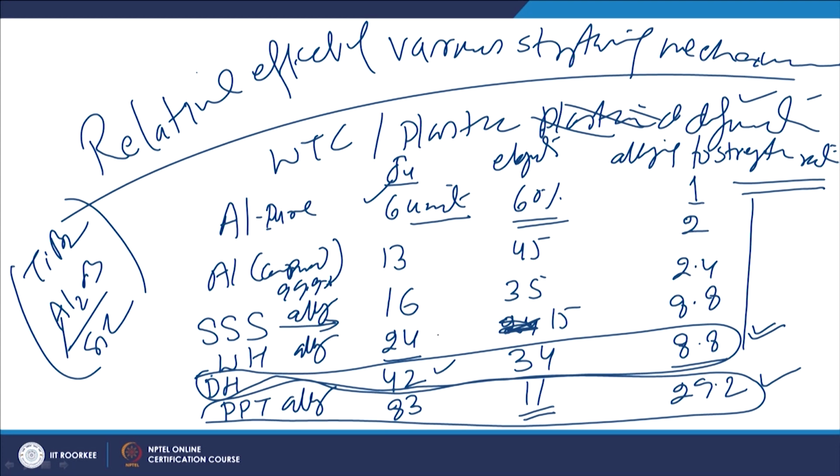Somewhat further lower effectiveness is observed in the case of work hardening and solid solution strengthening. So, effectiveness is maximum for precipitation hardening, then dispersion hardening, then work hardening, and then solid solution strengthening. So, during welding, either by fusion welding or by a deformation based approach, if there is a loss of the precipitates, then it will lead to the maximum softening.